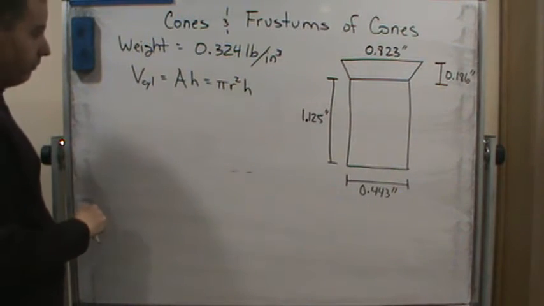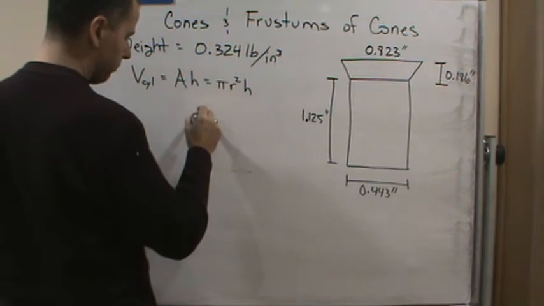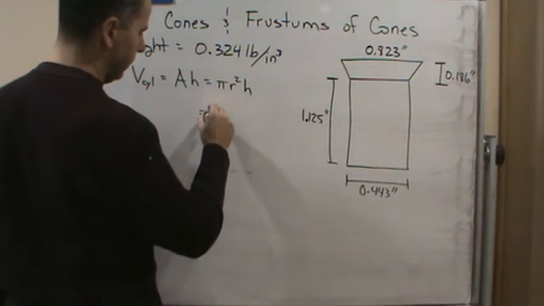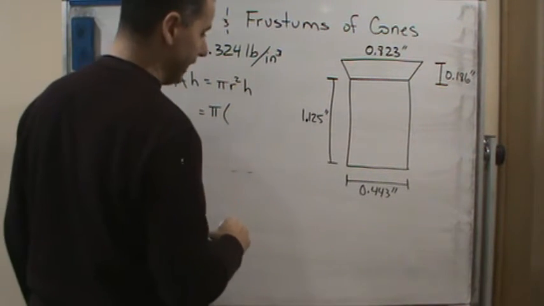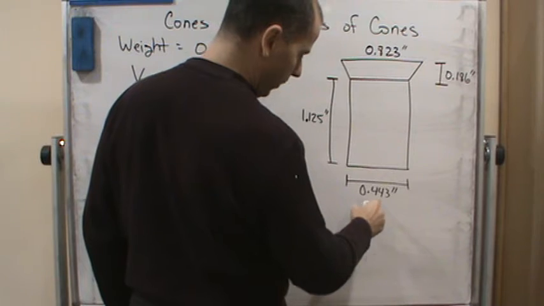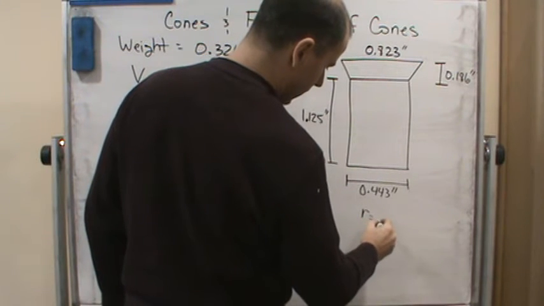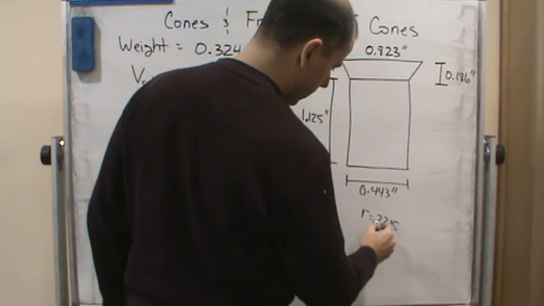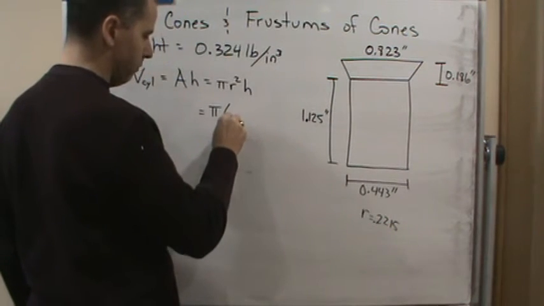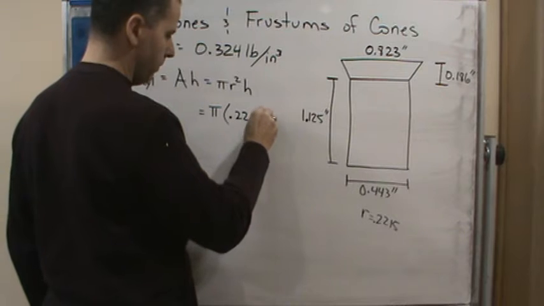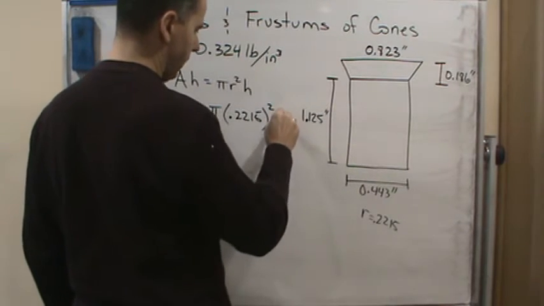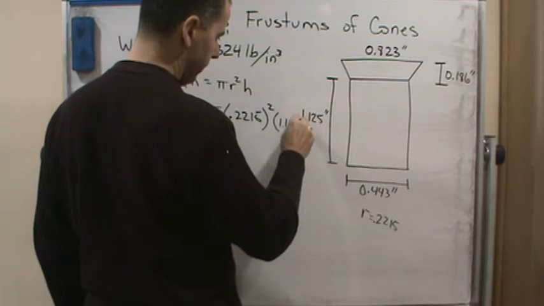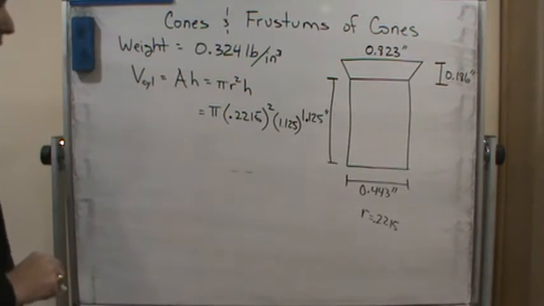So this equals pi times the radius squared times the height. What's the radius? Well, this is the diameter, so the radius is 0.2215, squared, times the height, which is 1.125. It's all in inches.